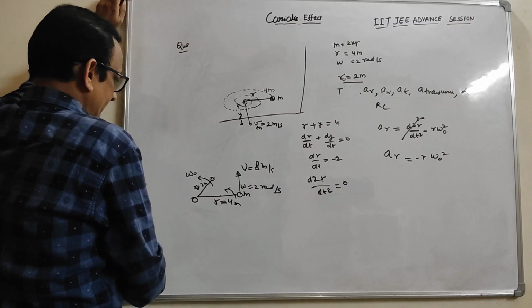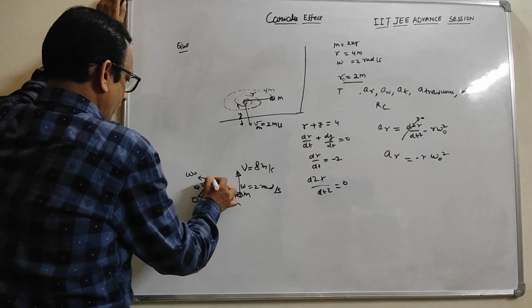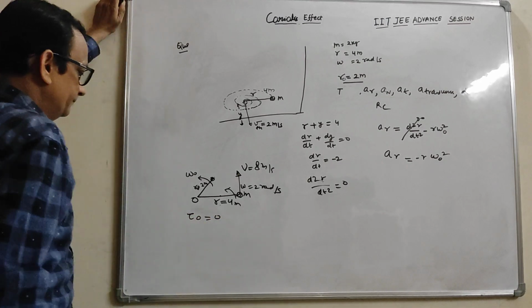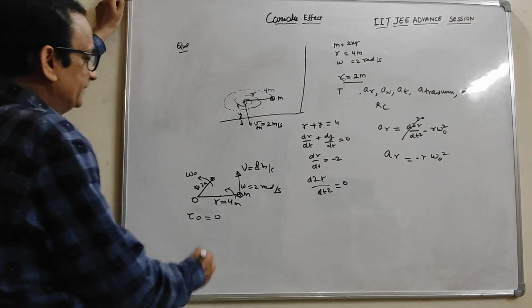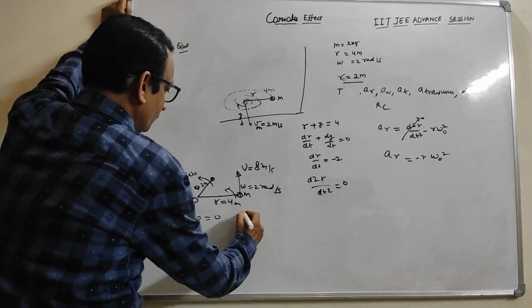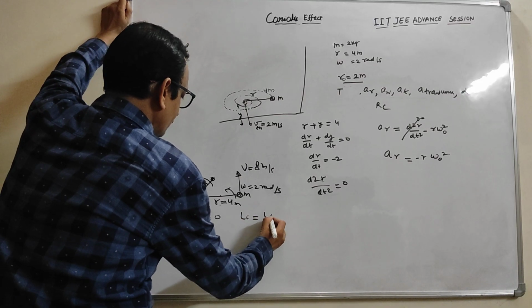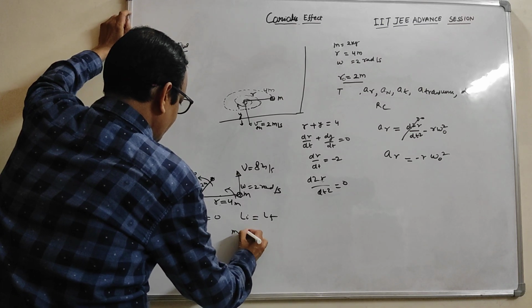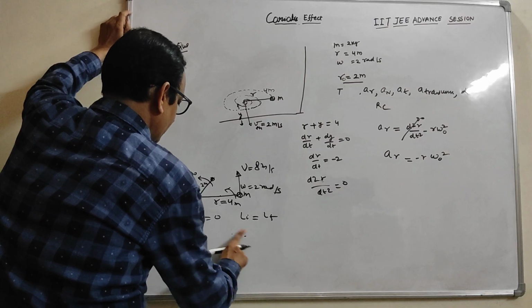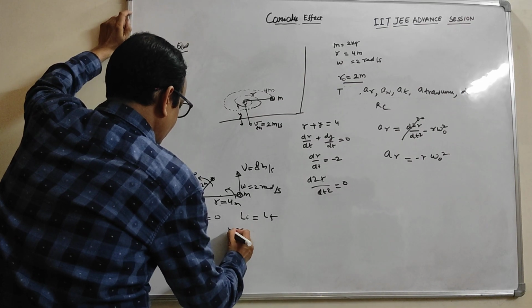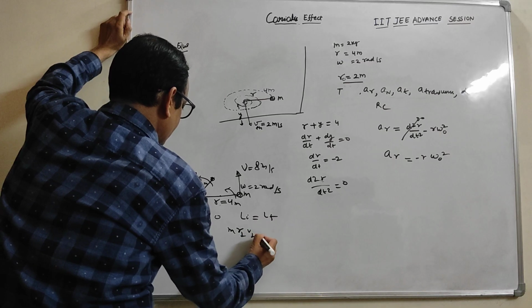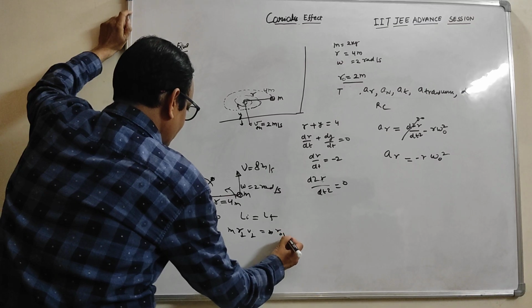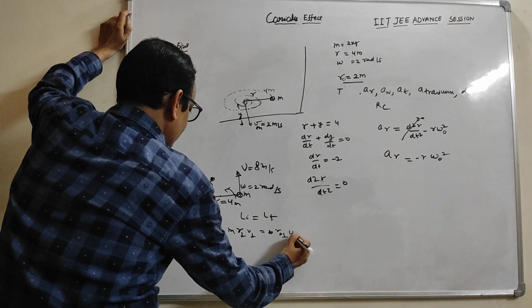So at that point, say O, the torque at O would be 0. So we conserve angular momentum. This is the initial position, so we write L_i equals L_f. L_i would be m r perpendicular v perpendicular, and m r naught perpendicular v naught perpendicular.